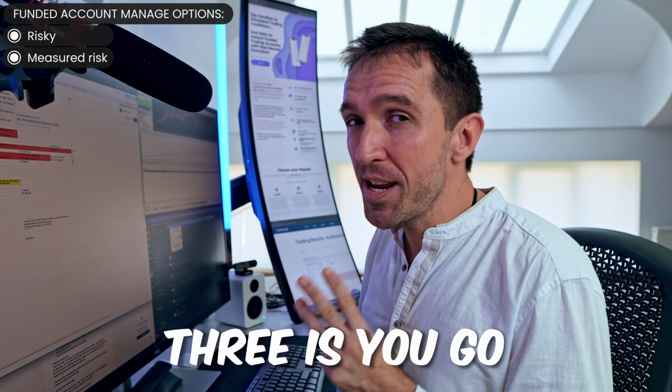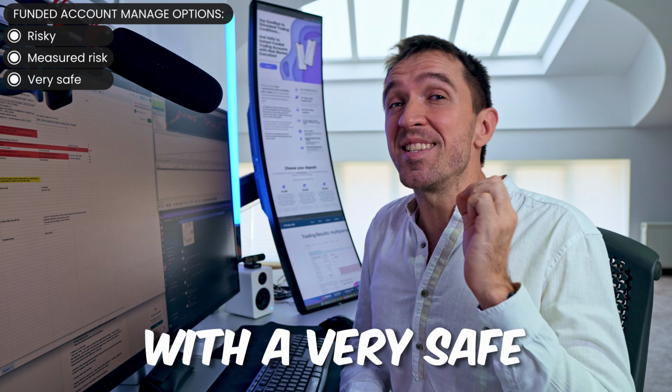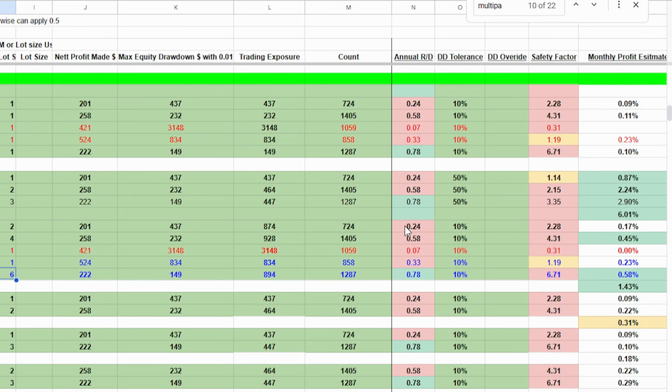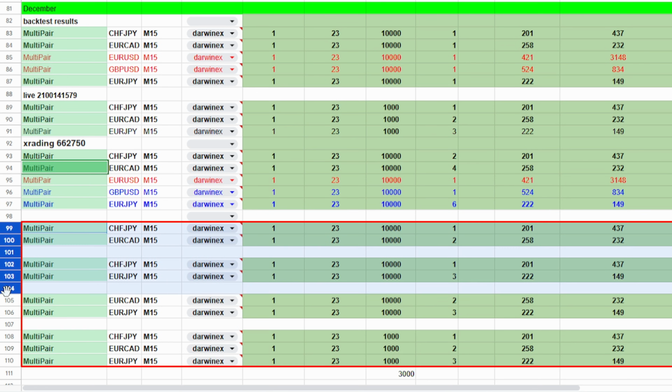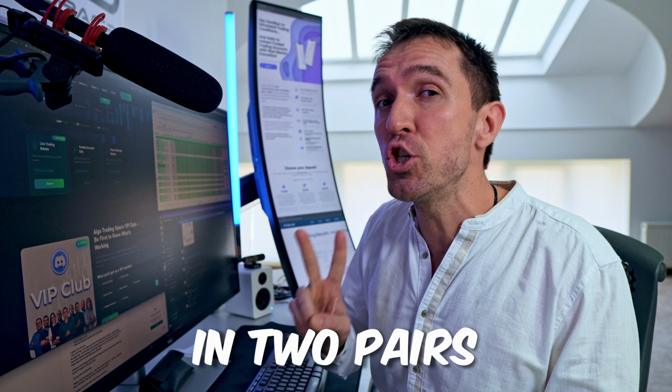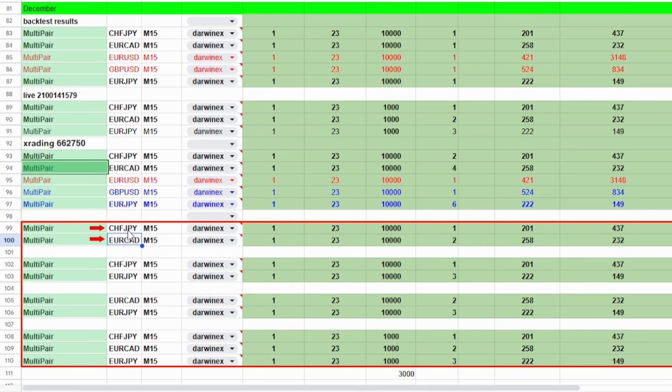And number 3 is you go with a very safe option, and right below the portfolio I showed to you, I have put together another 4 example portfolios where you can trade with a very low risk, just 2 currency pairs, let's say Swiss yen and Euro CAD, 4 different currencies in 2 pairs. Okay, so if one of them moves drastically up or down, it won't affect the other currency pair.